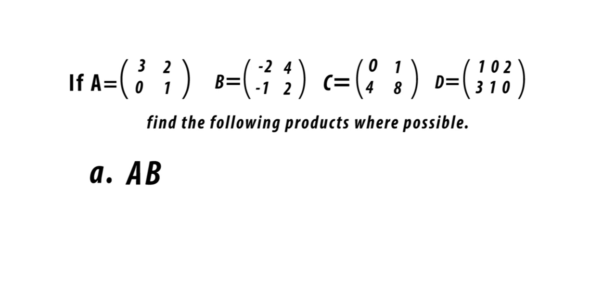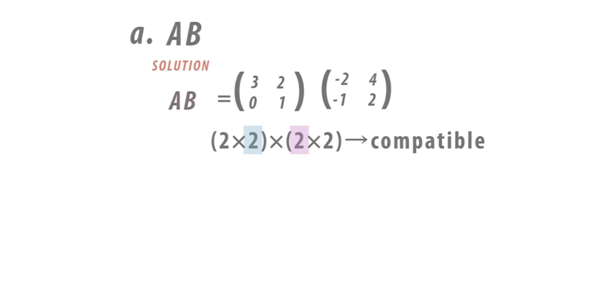So let's look at the solution. The matrix A multiplied by the matrix B is equal to the matrix 3, 2, 0, 1 multiplied by the matrix negative 2, 4, negative 1, 2. That means that we have a 2 by 2 matrix multiplying a 2 by 2 matrix, which is compatible.